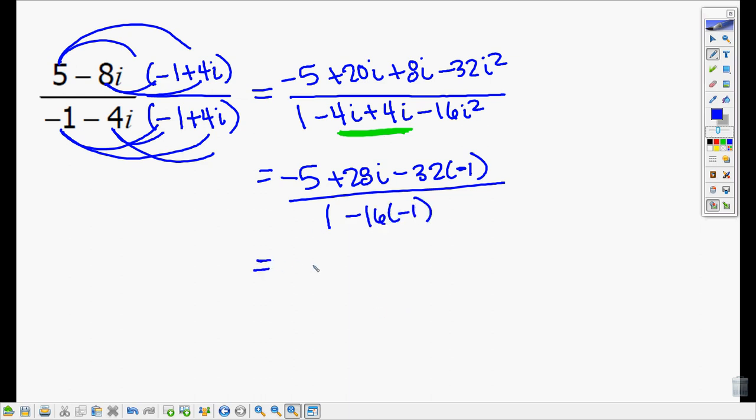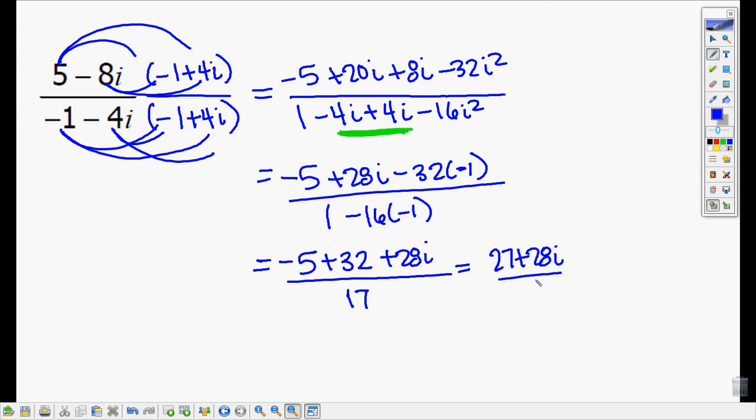So then we have some cleanup. I have negative 5, and negative 32 times a negative 1 is a positive 32, plus 28i, over 1 minus 16 times negative 1, which would be 1 plus 16, which is 17. Okay, so then I have 32 minus 5 is 27 plus 28i over 17.